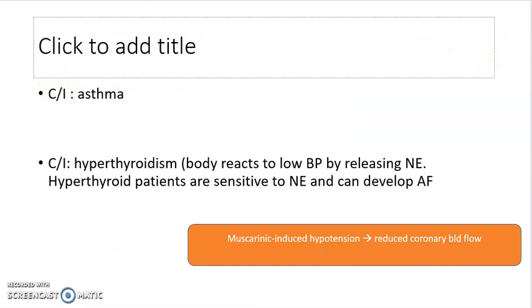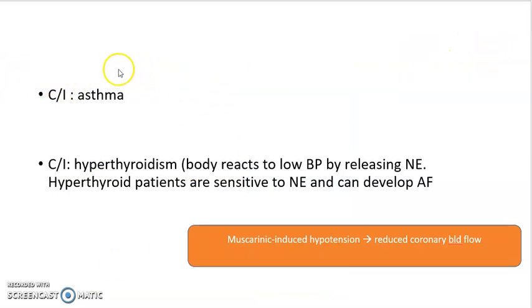These agonists are contraindicated in asthma because we have seen that it might cause bronchorrhea and bronchospasm. And then it's also contraindicated in hyperthyroidism, where you have excessive thyroid hormones in your system produced by your thyroid gland.